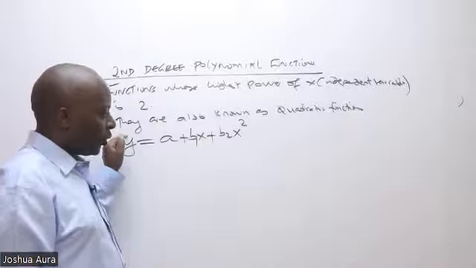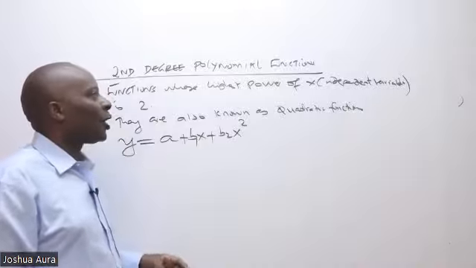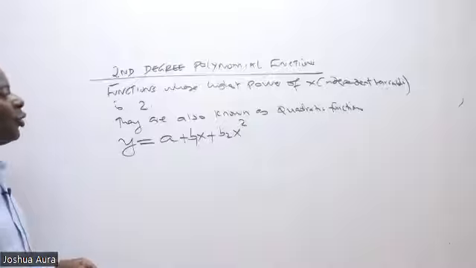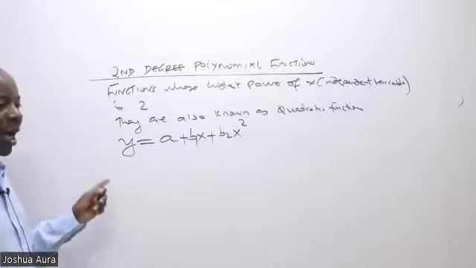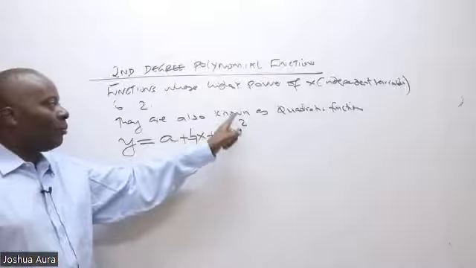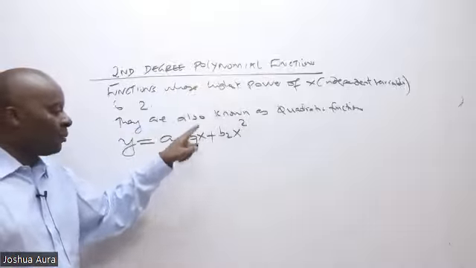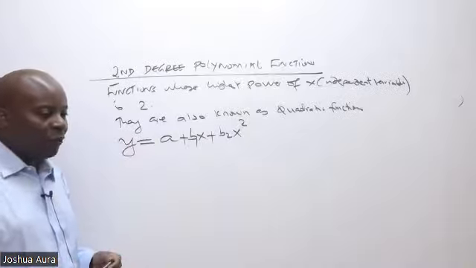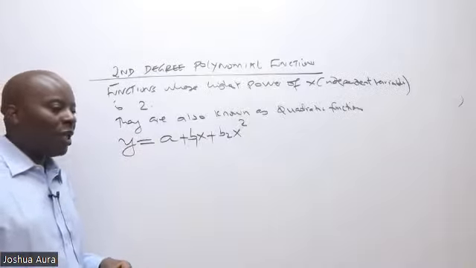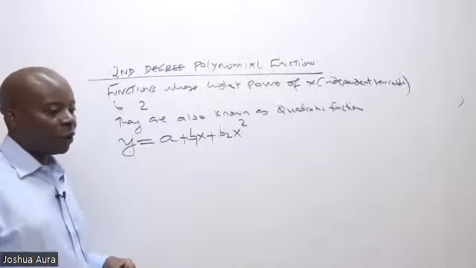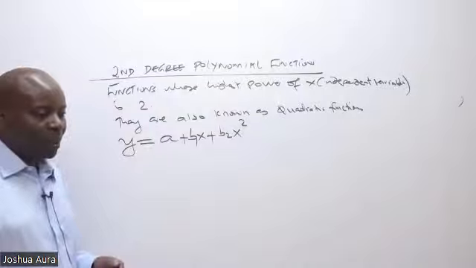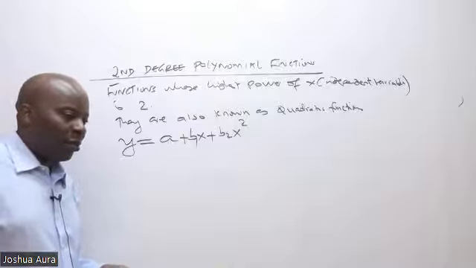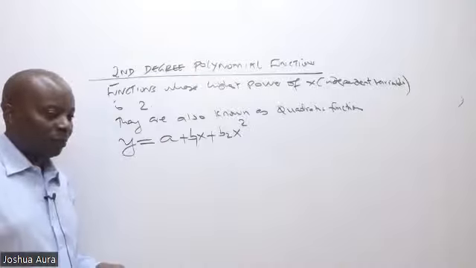All right. So if you're given this kind of a function, ladies and gentlemen, then automatically you should be able to know that this is a second degree polynomial. Poly means many times. A second degree polynomial function.